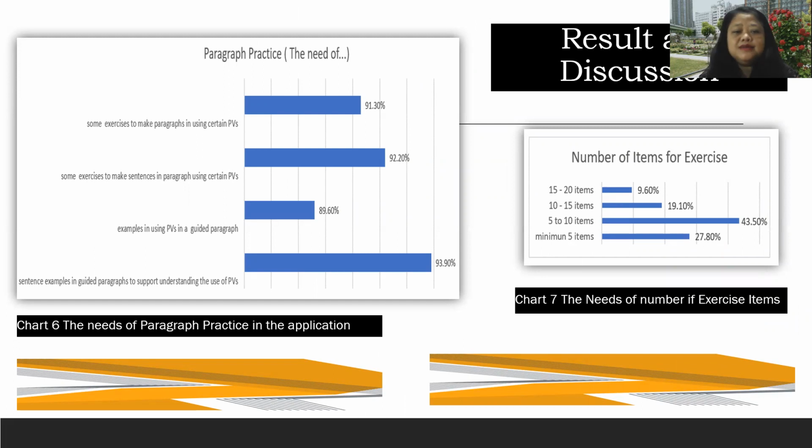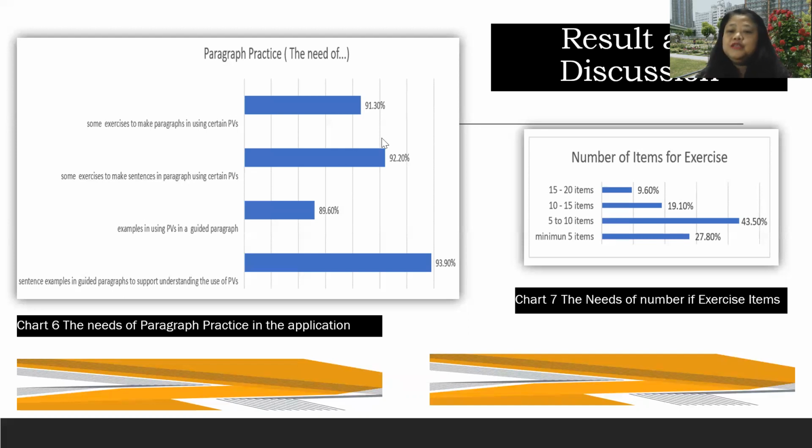But the highest here is the last question, that they need sentence examples in a guided paragraph. And 92% want some exercises to make sentences in a paragraph using PVs, and also some exercises to make a paragraph using certain PVs. But the lowest one here, although categorized as high, is examples of using PV in a guided paragraph.